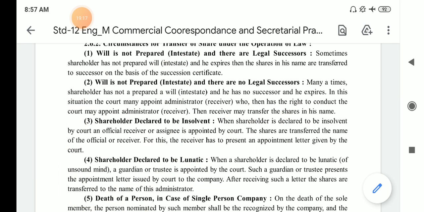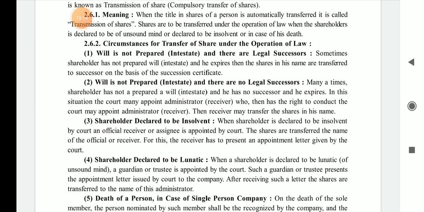Clear that? Now next one is the shareholder declared to be insolvent. See, now a person is declared insolvent. When a shareholder is declared insolvent by the court, an official receiver or assignee is appointed by the court.